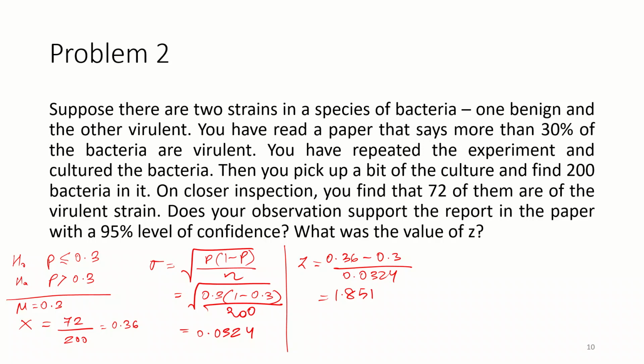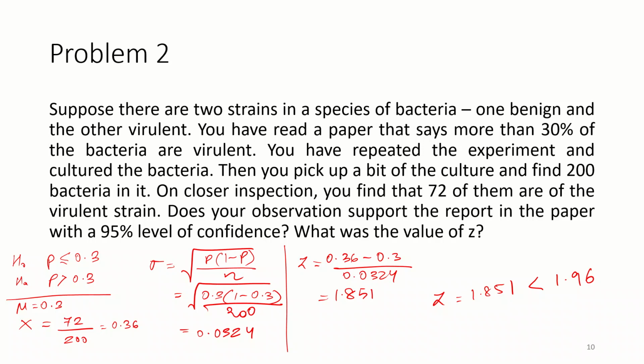So we have 1.851, which is lower than 1.96. So what does it mean? It supports the report. So can we reject the null hypothesis? No need to reject. If it had been higher, then we would have to. So we can't reject the null hypothesis.